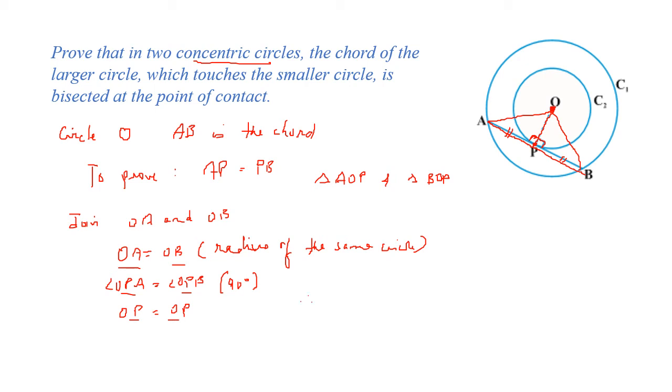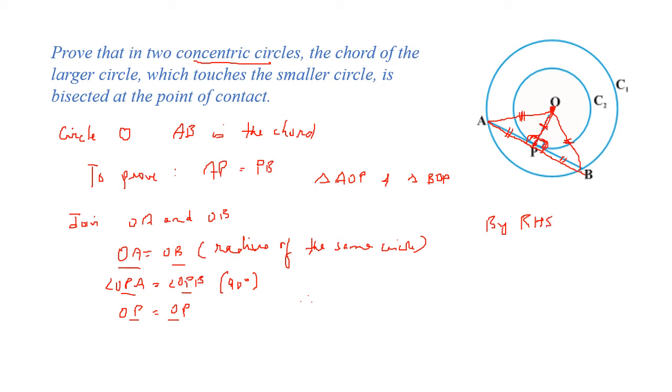Now what we have got? This is the common side. This side and this side are equal. This is 90 degrees. So by RHS. R is right angle, H is the hypotenuse, which is equal, the radius, and the common side.